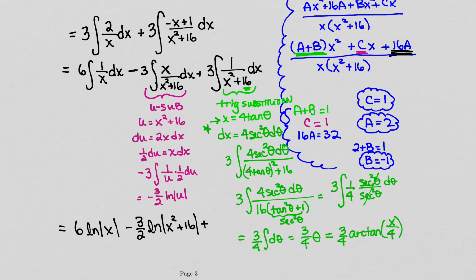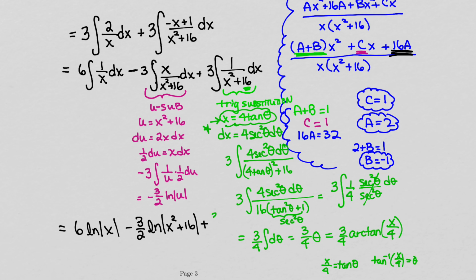Are you guys getting that arctan at the end? Because if you go back up to your relationship, x equals 4 tan theta, so that means x over 4 is tangent theta, and that means the tangent inverse, or the arctan of x over 4, is just theta, and so that should give us the final answer.